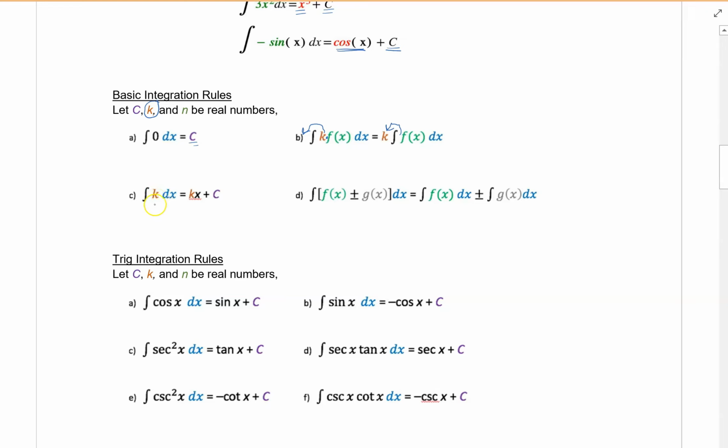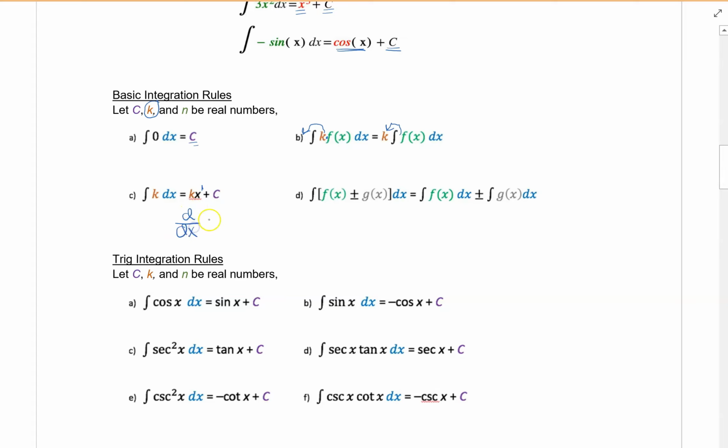Now, if you have just a constant, right, so not 0, but some constant number, then we understand that the antiderivative of that must be a linear function, must have been an x to the first power, because only linear functions have derivatives that are constant, right? This would have been the slope of this line. So you can also think of it this way.